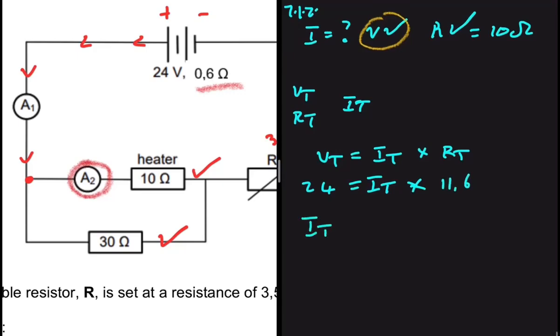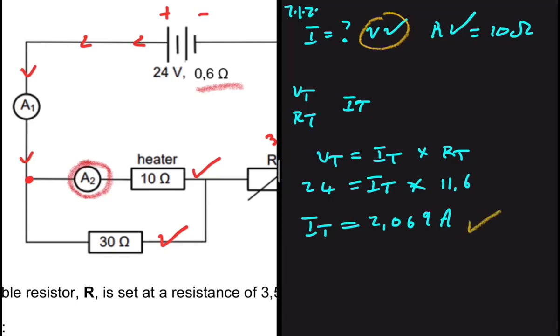So IT will just be 24 divided by 11.6, which is equal to 2.069 amperes. So there we go. We have IT.